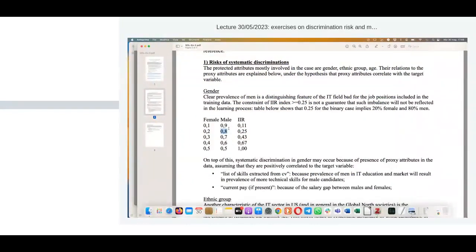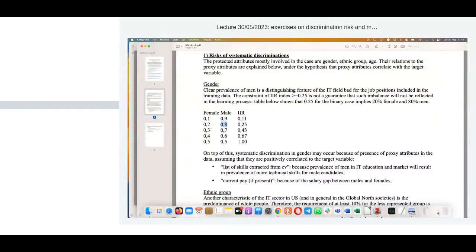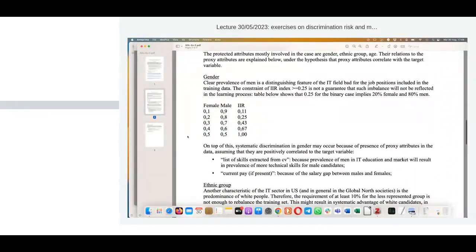To get an equal distribution, you should get an IIR that is higher. For instance, 0.67 gets you 40%, and 0.60 or more gets you more equilibrium. Then you also have a quite strong proxy attribute, which is current pay.